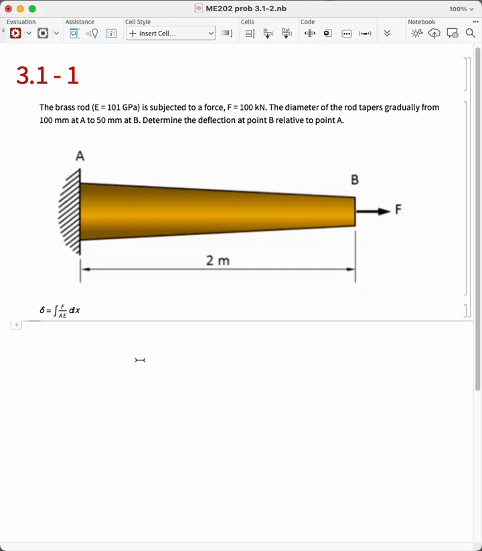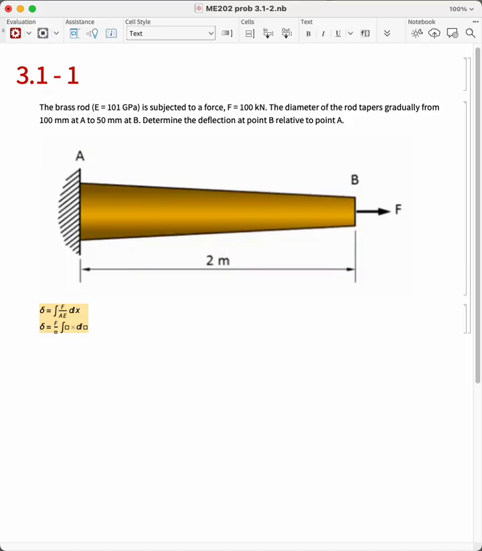Anything that's constant can actually be taken out of the integral sign. Since the only applied force is that guy, then the axial force inside the member is constant. Since it's all the same material, E is also constant, so I can simplify that to the integral of dx over A. Let me take this outside.